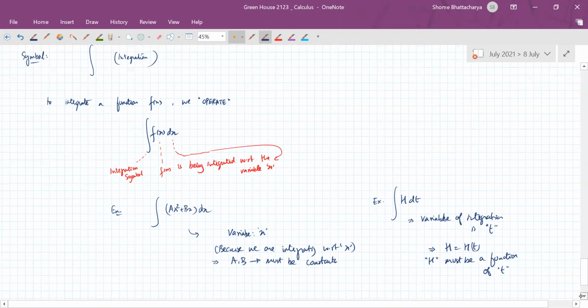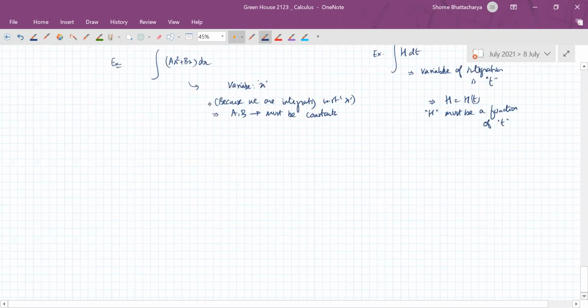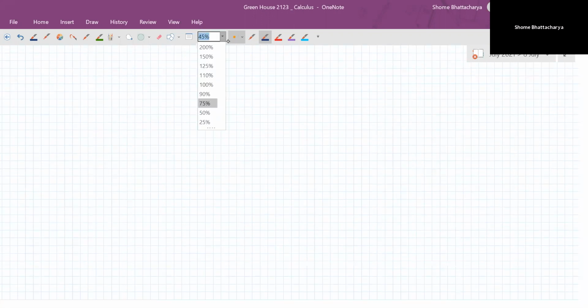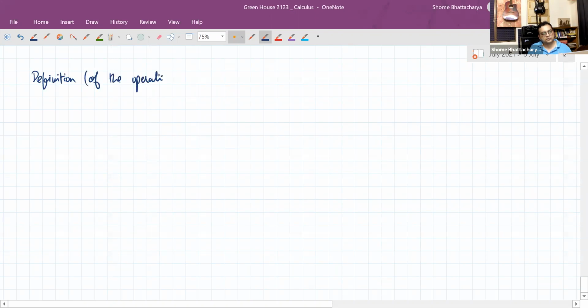So now when we integrate a function, the operation results in giving us the antiderivative. So when we do this integration, the output it gives us is the antiderivative.